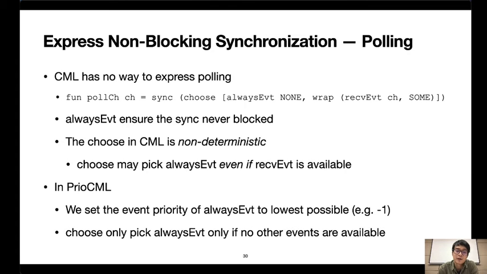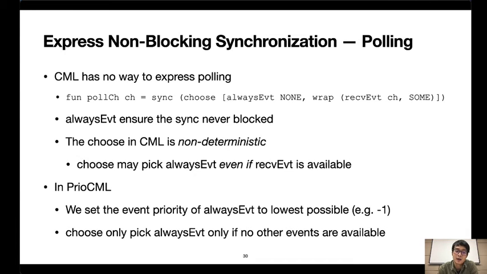Note that the always event is to ensure the synchronization is never blocked, and the choose in CML is non-deterministic. As a result, CML may pick the always event even if the receive event is available.